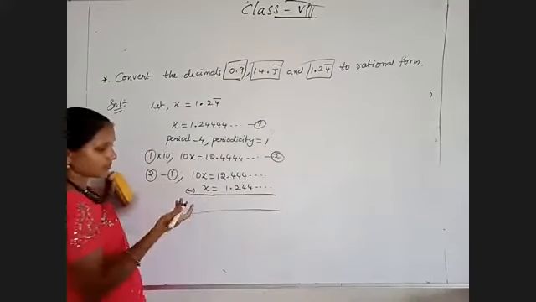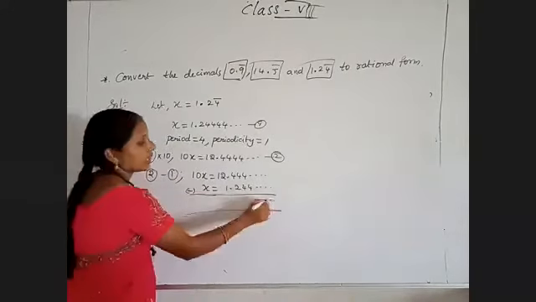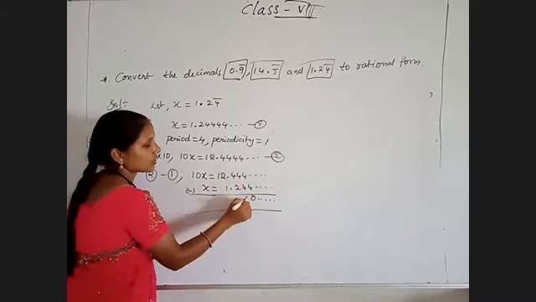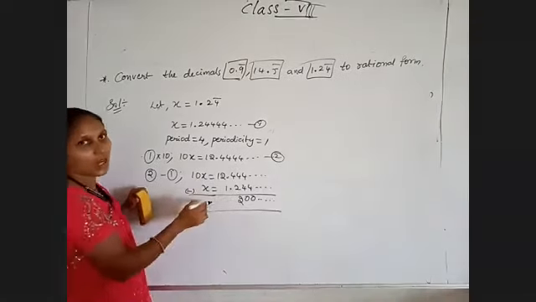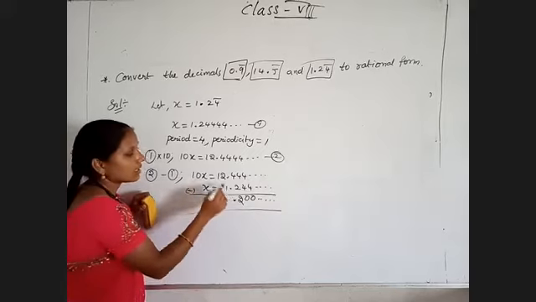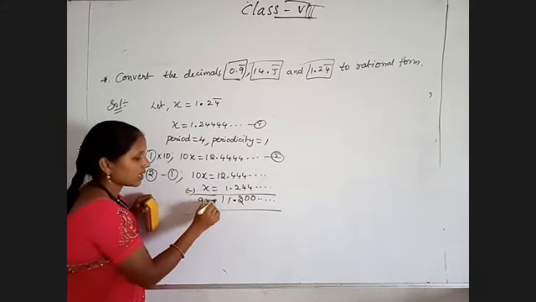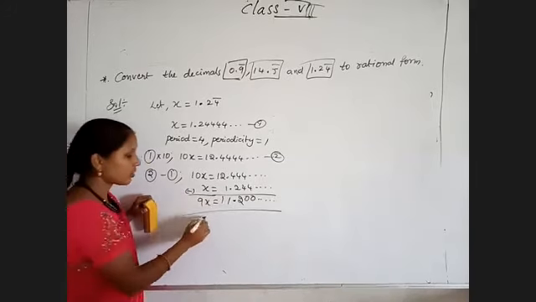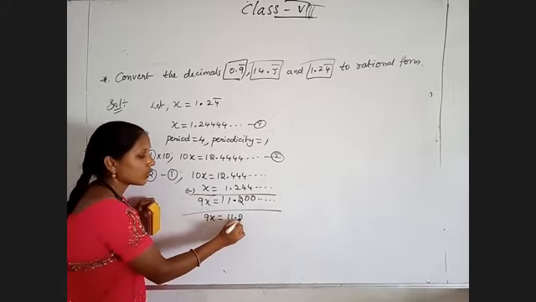Here we get 4 minus 4, 0. 4 minus 4, 0. 4 minus 2 is 2. Here all the decimal digits are not becoming 0. See, one of the digits we got is 2. Point 2. 2 minus 1 is 1 and 1, and here 9x. So 9x is equal to 11.2.